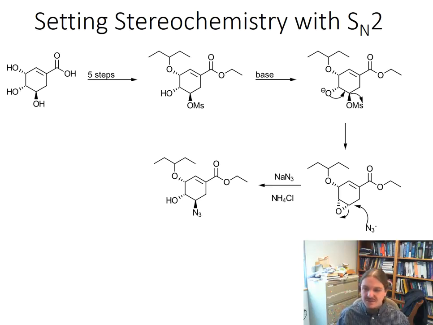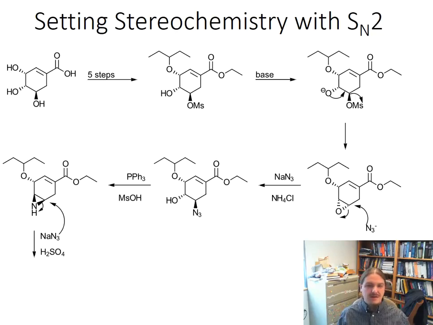And that's done in the presence of a weak acid like ammonium chloride, so you get the alcohol at the other position. However, this still has the stereochemistry of the original starting material preserved. We're not quite done yet.